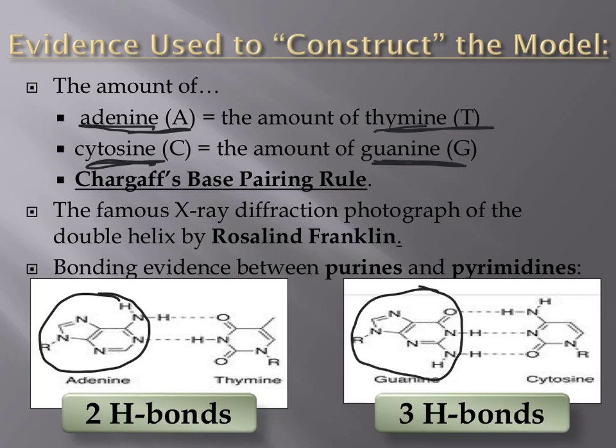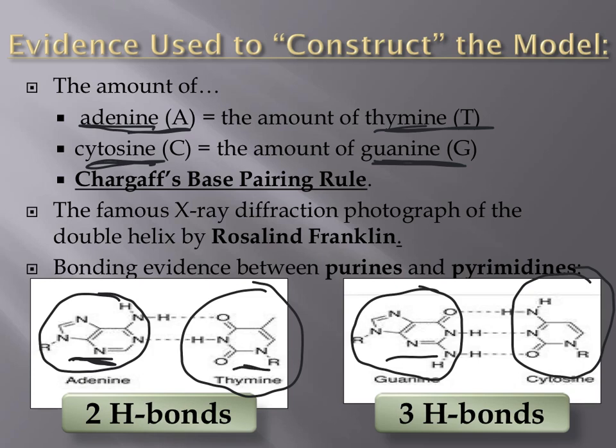So remember, we're talking about the actual base here, and the only thing that separates the bases is how they're put together, the different structures. Certain types of these have a two-ring structure, and certain types of them have only a one-ring structure. And what was found was that one of those nitrogen bases that had a two-ring structure was always bonded to one of the ones that had a one-ring structure, okay?